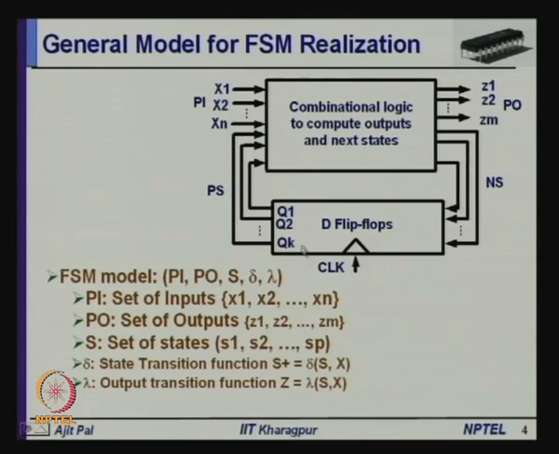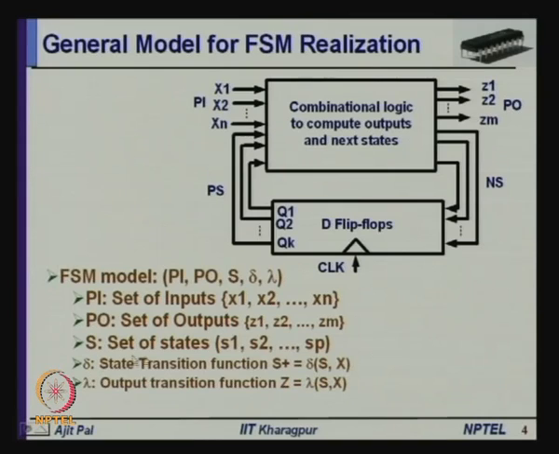The states are represented with the help of these flip flops, and there are p states mentioned here, S1, S2 up to Sp. So, if there are p states, the number of flip flops required is such that 2 to the power k, where k is the number of flip flops, is equal to p.